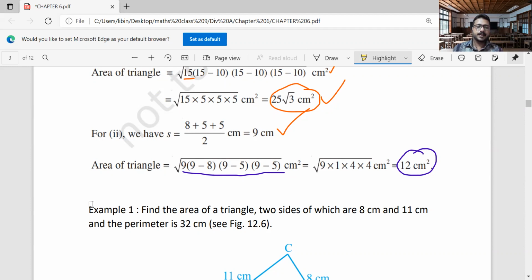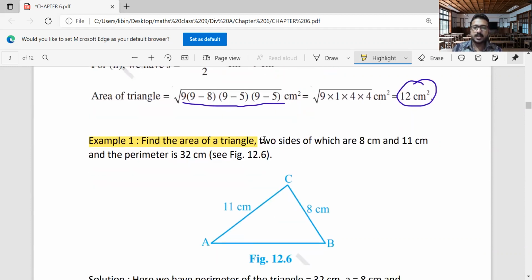Okay, example 1. Find the area of a triangle, two sides of which are 8 centimeter and 11 centimeter, and the perimeter is 32 centimeter. You are given this, and we want to find the area of the triangle. The length of the third side is not given, but instead we are given the perimeter.